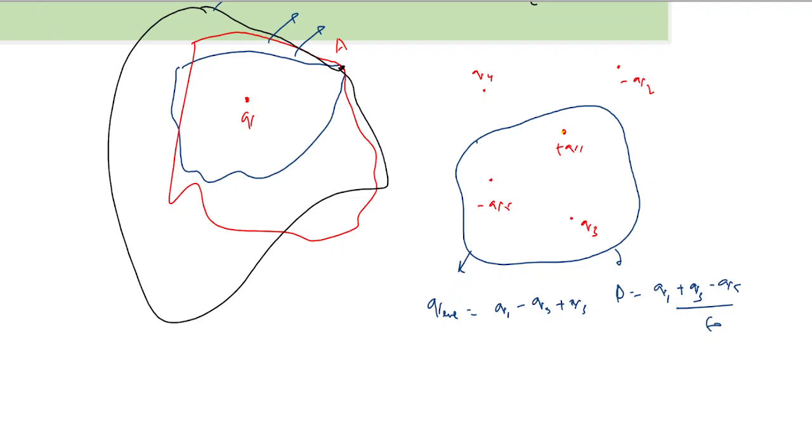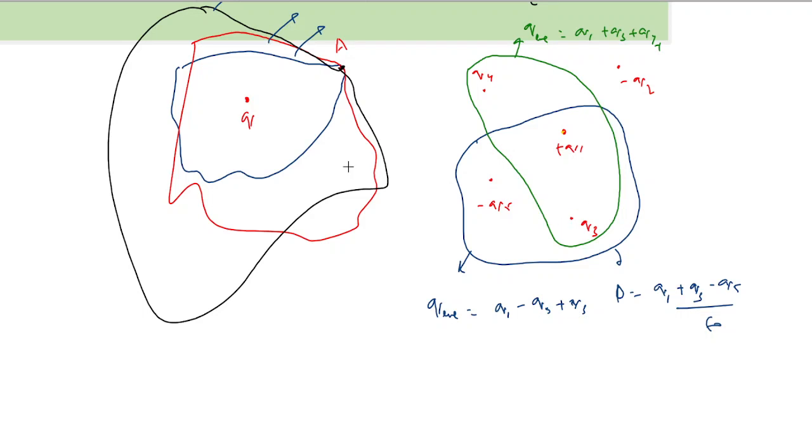We'll take one more surface like this. For this Gaussian surface, the charge enclosed would be Q1 plus Q3 and plus Q4.